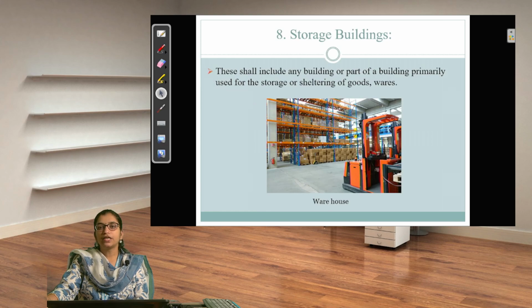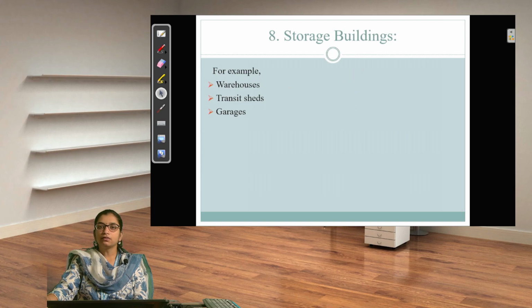Eighth one is the storage building. This building is also included in the industrial building. We provide the facility for storage purposes, and that part we also consider as a storage building in the industrial building. This shall be any building or part of a building which provides storage facility or shelter to products or goods. For example, warehouses, transit sheds or garages.